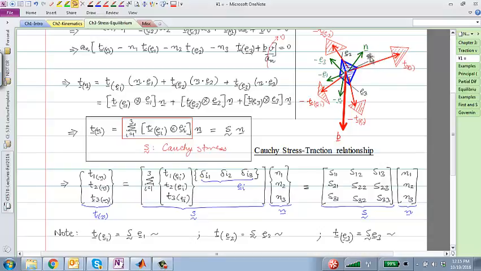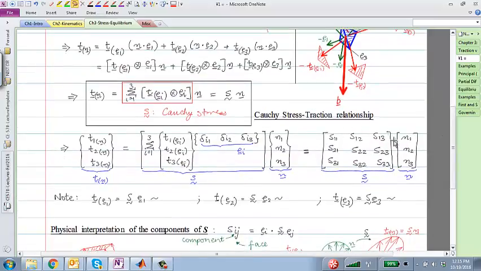So if I want to find out the traction vector acting on a face that has normal E1, can you tell me what those components would be in terms of the components of the stress? That's right. This is the stress tensor. All I need to do is act it upon E1. E1 is nothing but 1, 0, 0, which will capture the first column of that stress tensor. So that will be S11, S21, S31.